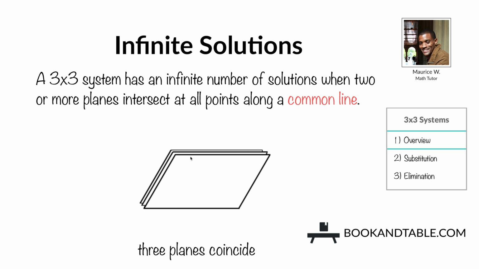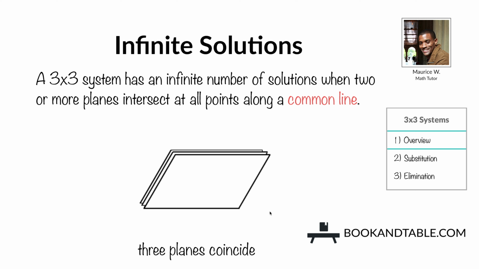So in this image, it looks like these are stacked on top of each other, but this represents all three existing in the same exact place. And since all three of these planes exist in the same exact place, that lets you know that each point in the plane is a solution to all three planes. Thus, there are an infinite number of solutions in this scenario where all three planes coincide.